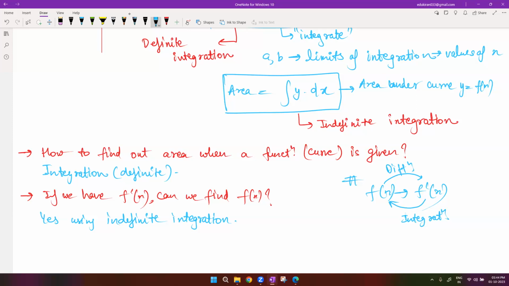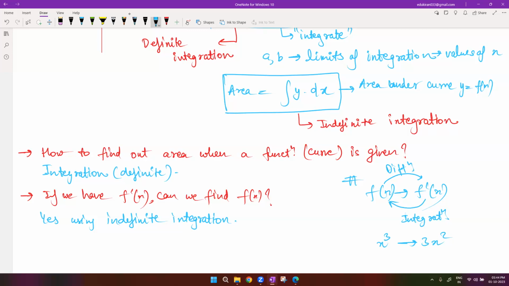Via differentiation, you break your bigger function f(x) into a smaller function f'(x). Go through this: I have x cube and I want to differentiate it. The differentiation would be 3x square, right? So what are we doing? We are reducing the power of x.